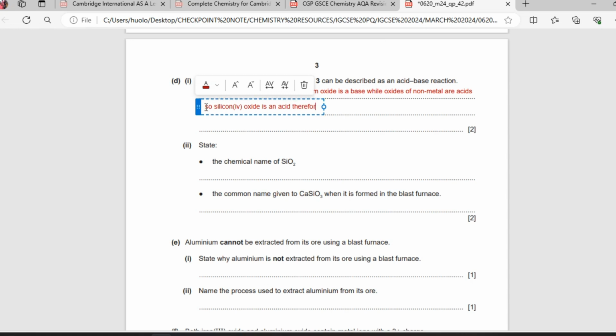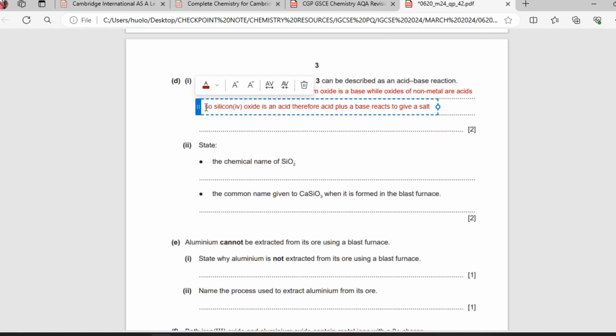Therefore, acid plus a base reacts to give a salt, which is called calcium silicate.